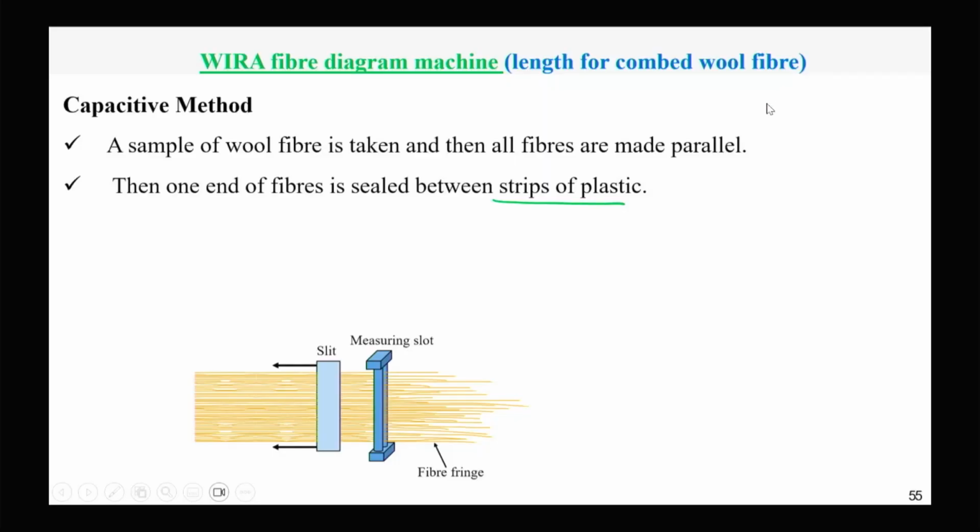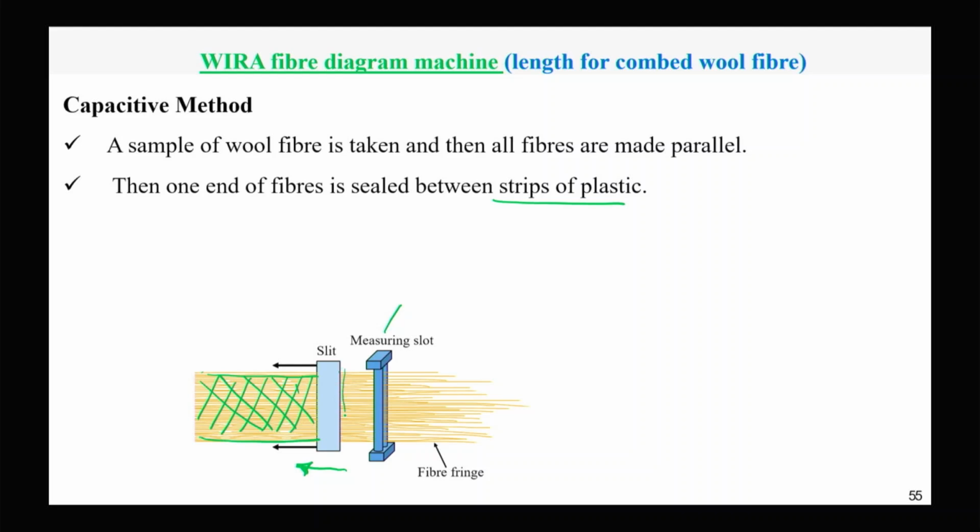This is the system here, this measuring slot which works on the capacitance principle, and we start drawing. This is nothing but a plastic slate, a plastic film. This is not fiber.